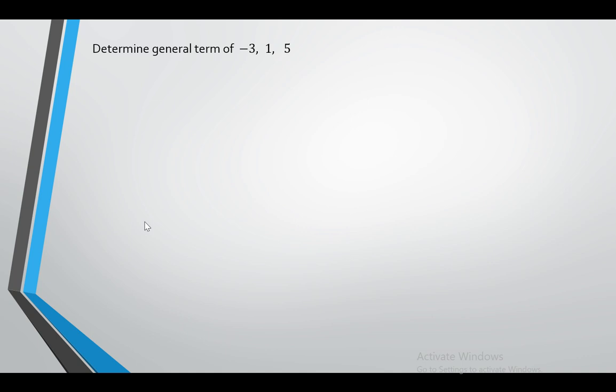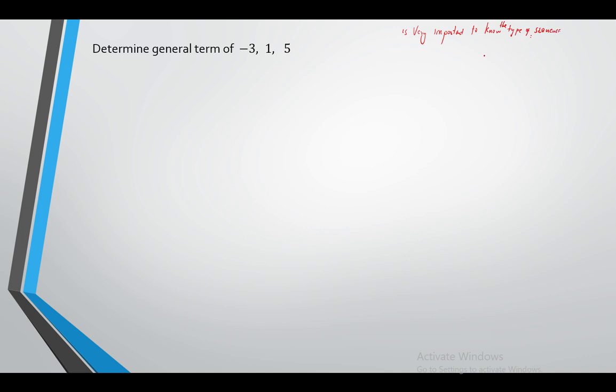Now, it's very important to know the type of sequence. Remember, we said there are 3 types of sequence.